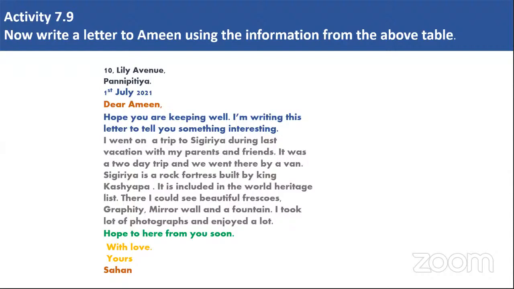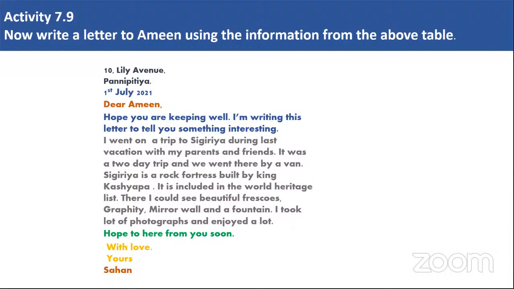The next one, opening paragraph. What is it? I have given you, you know how to write the opening paragraph. Hope you are keeping well. I am writing this letter to tell you something interesting. Here it is given. So next part. It is lengthy, I told you. Why?